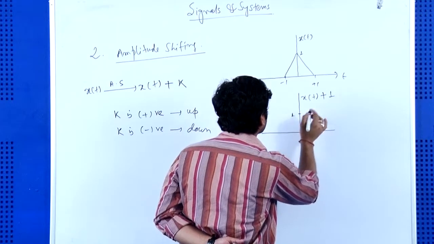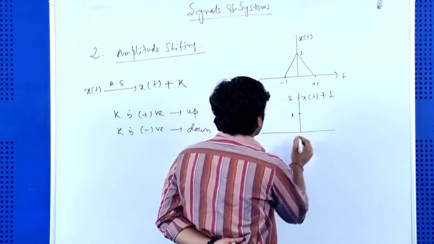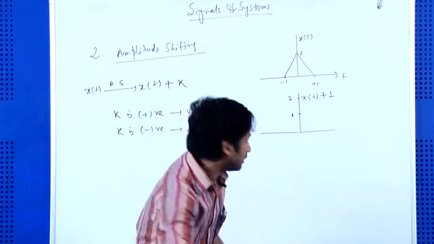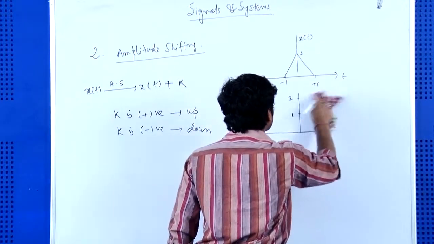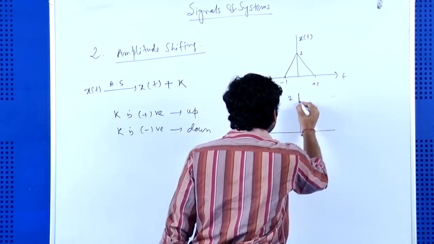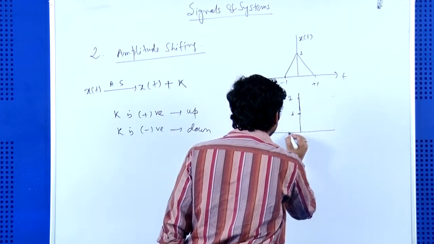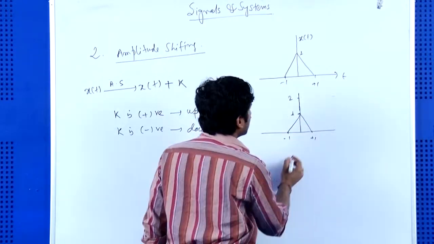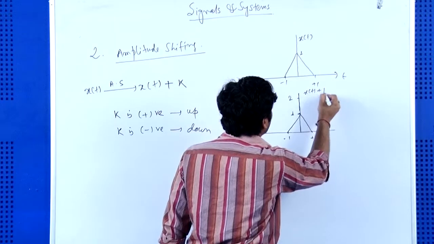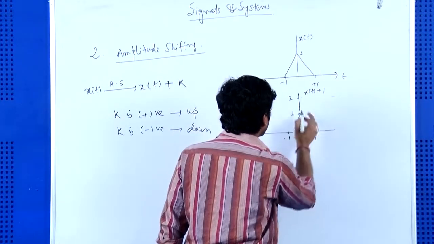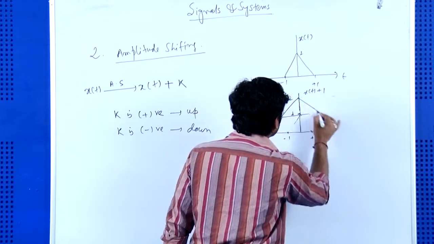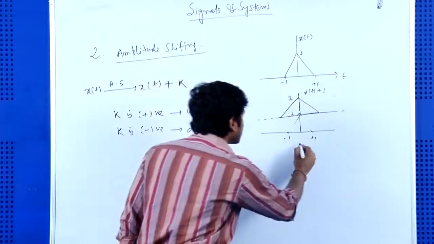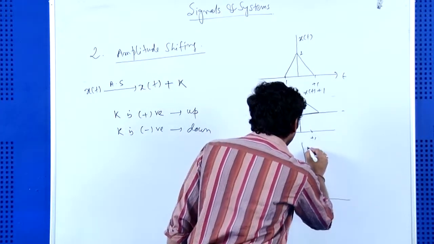This value is 1, this value is 2. There is a shift in the upward side. This is the original signal. Now, x(t) + 1 is shifted upward, that is now this is the signal.